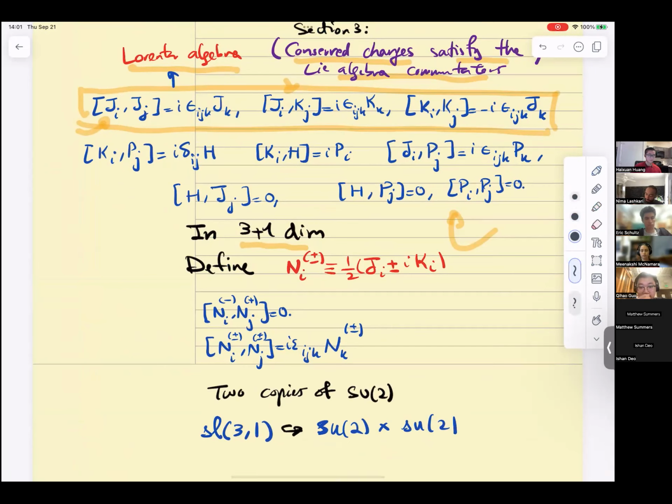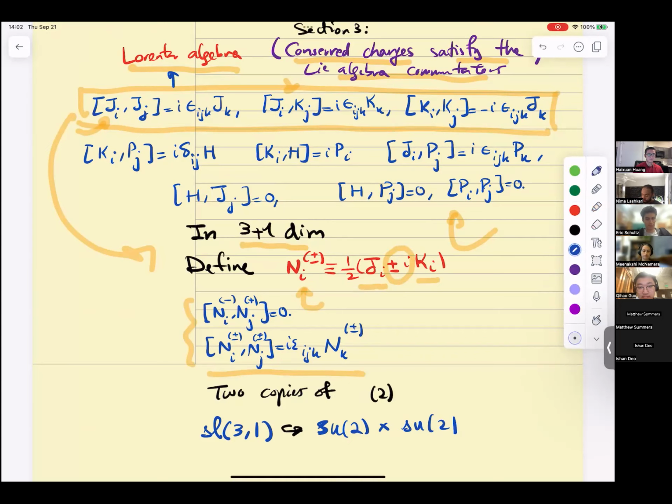You define Ji plus minus i Ki, where i is the square root of minus 1. So you get 2 generators, Ni plus minus. If you just write down the commutation relations in these new variables, you find 2 copies of SU2, consistent with my notation. 2 copies of the SU2 Lie algebra, 2 copies because they commute among themselves.